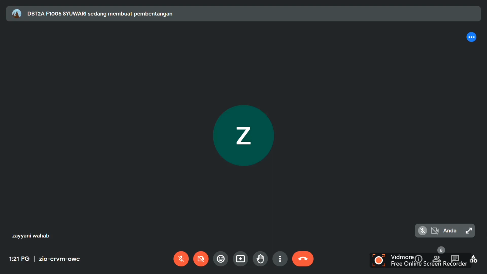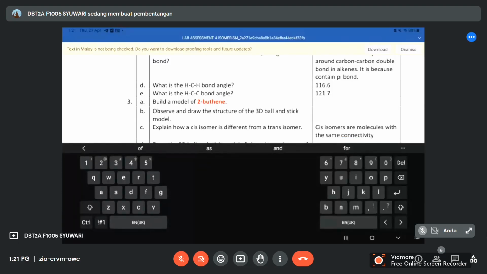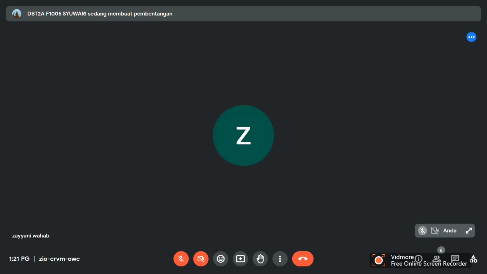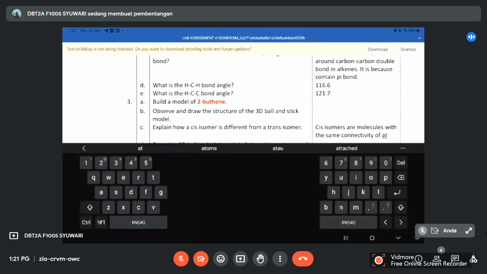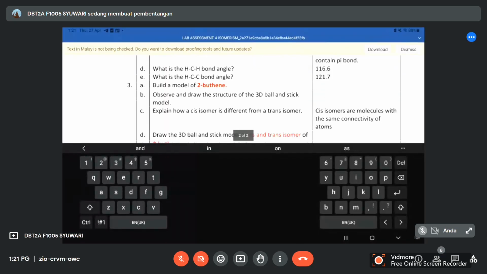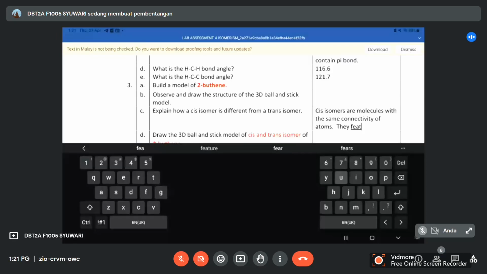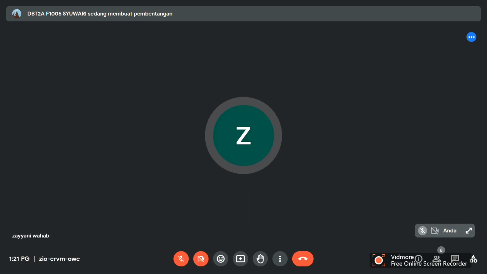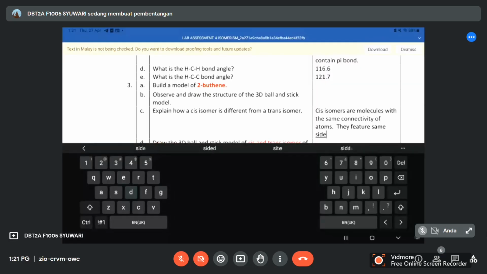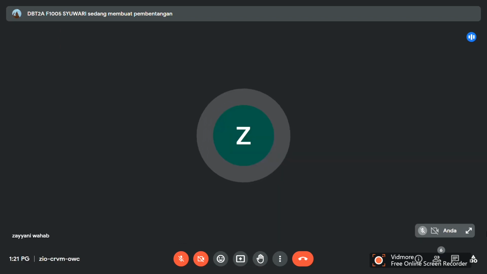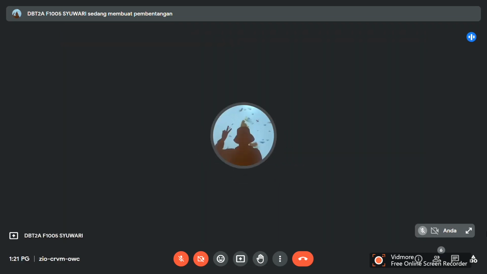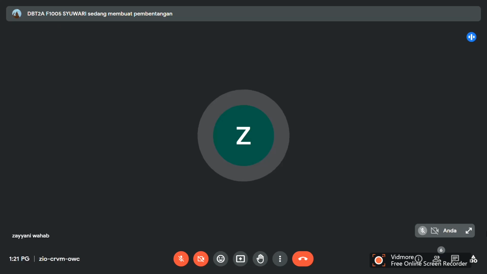They feature same side groups placed on the same side of a double bond.